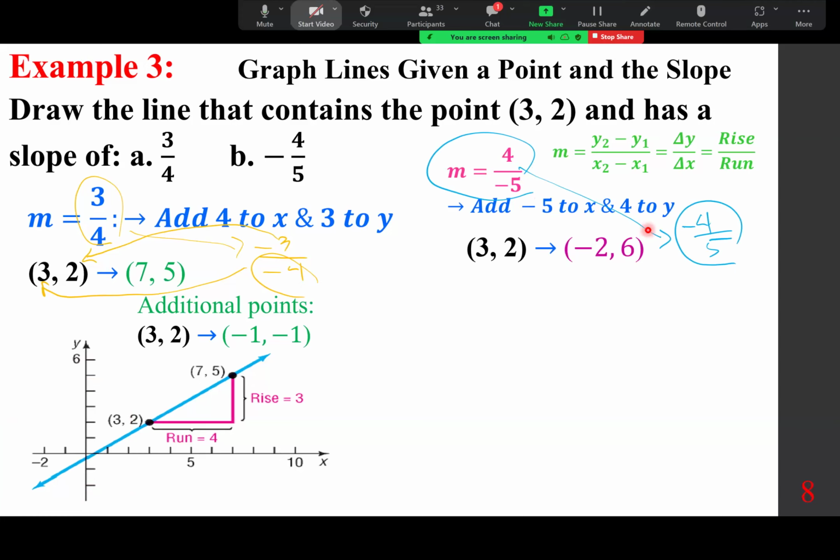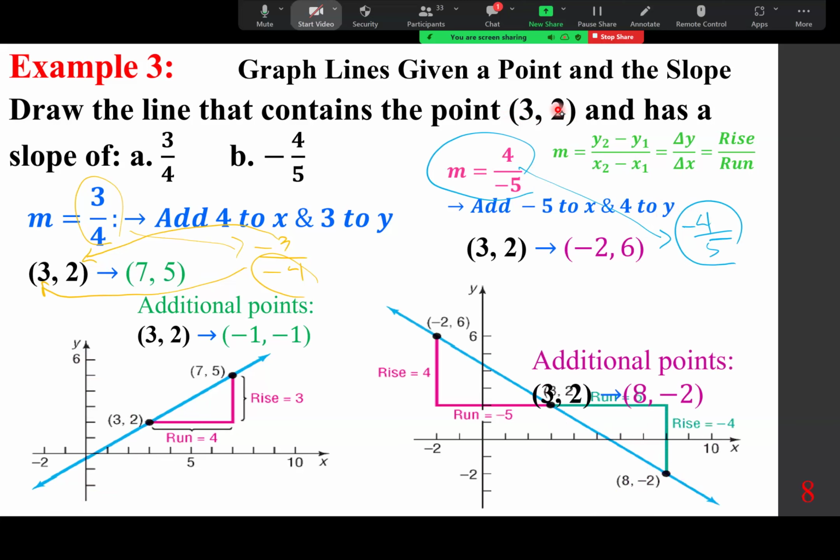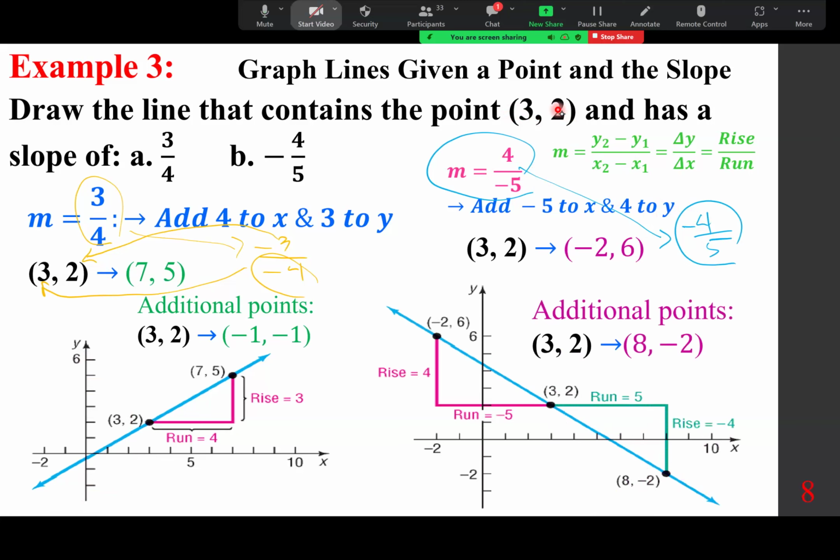So now the bottom gets added to the x, becomes 8. The top gets added to the y and becomes negative 2, as an example. Okay, so rise over run, rise over run. So that gives an idea how to come up with more points.